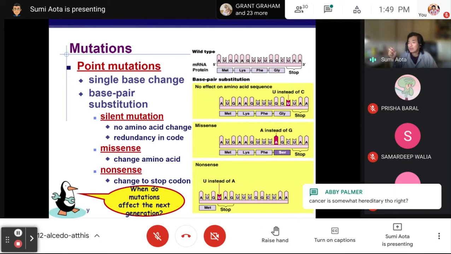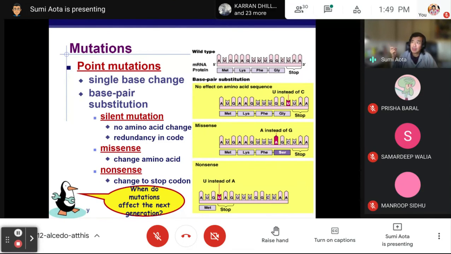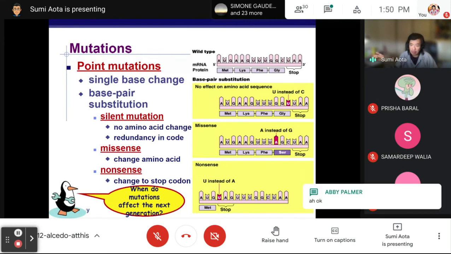So this is what they mean when they say mutation. It depends. If you get skin cancer from too much sunlight, right? That's not going to be hereditary. But if you get breast cancer and you have the gene BRCA1 and BRCA2, those particular genes are in the nucleus of the cell and they will be present in your reproductive cells, in which case it will be hereditary, right? So it depends on where the mutation occurs. That's why breast cancer can be hereditary in both men and women, right?